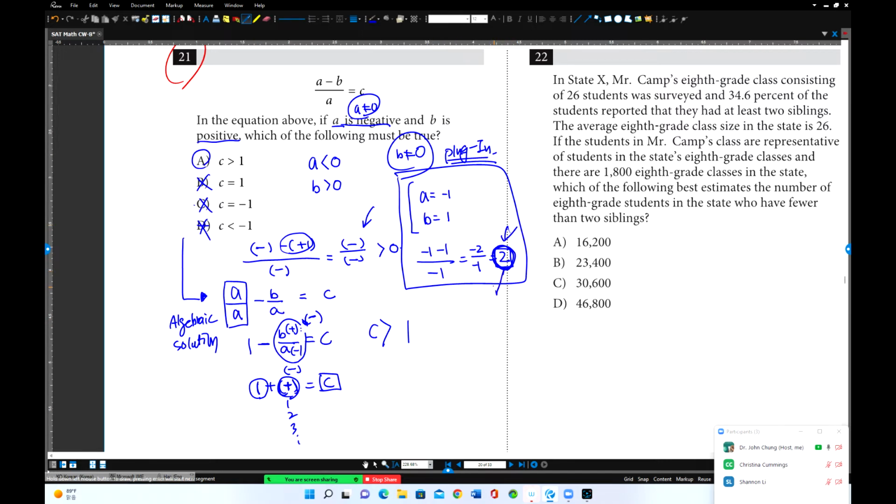Because this is one of the solutions, one of the possible values of C, it is possible to have 2. Or A equals negative 2 and B equals 5. So negative 2 minus 5 over negative 2.